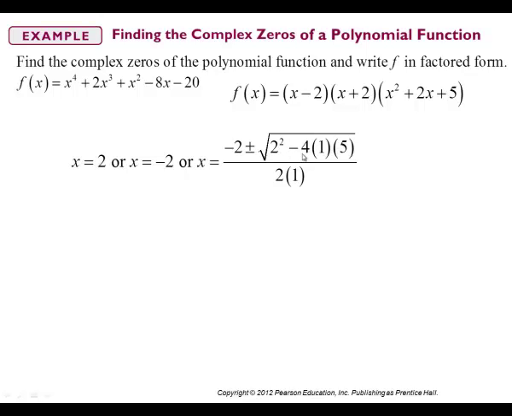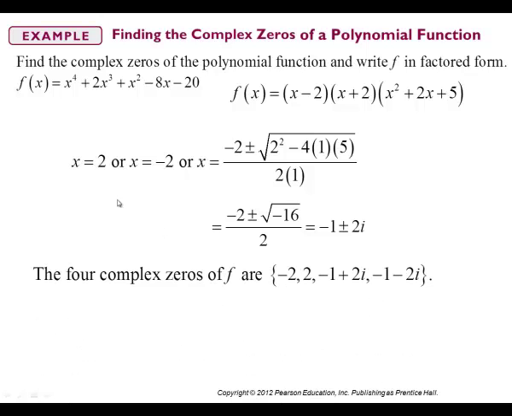So we're going to have a negative radicand, and so that's going to come out to be a complex number. And we get negative 1 plus or minus 2i is our complex number. So our zeros are negative 2, positive 2, and negative 1 plus 2i, and negative 1 minus 2i.